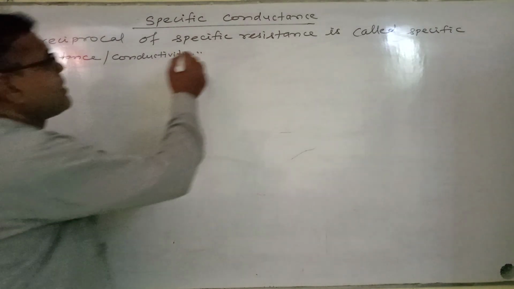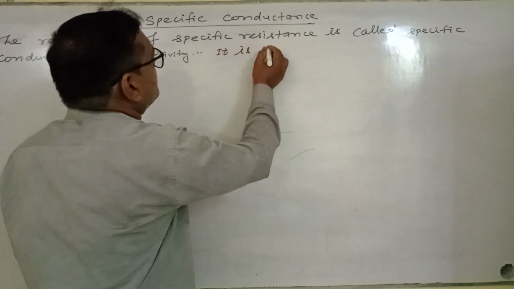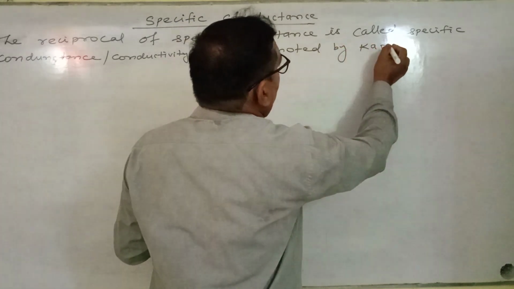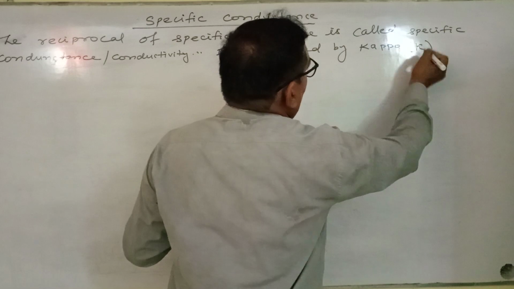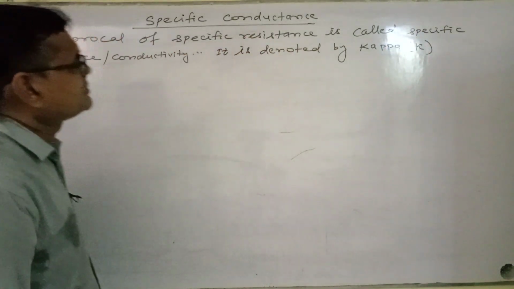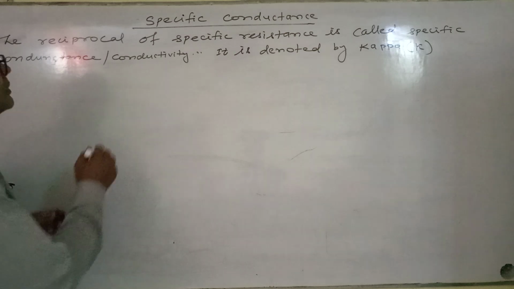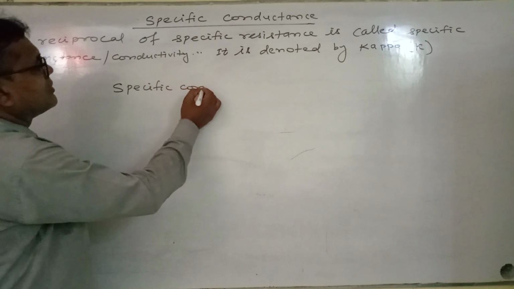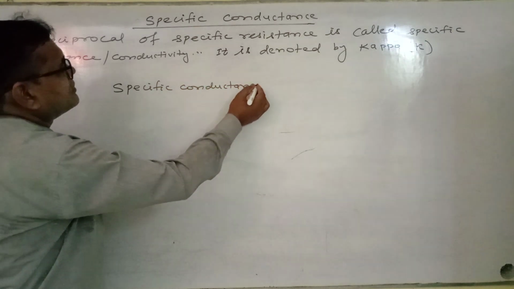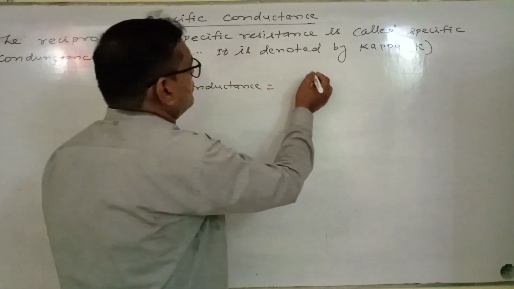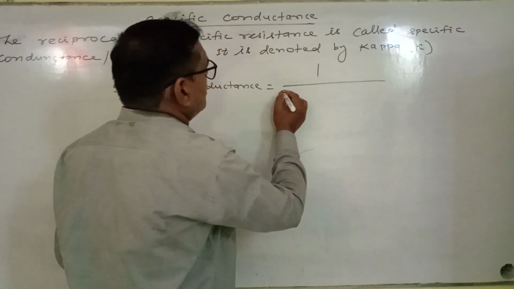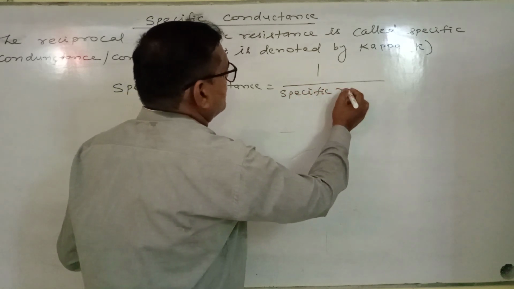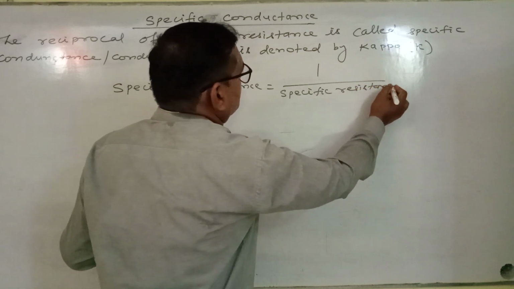It is denoted by kappa. Specific conductance is equal to 1 upon specific resistance.